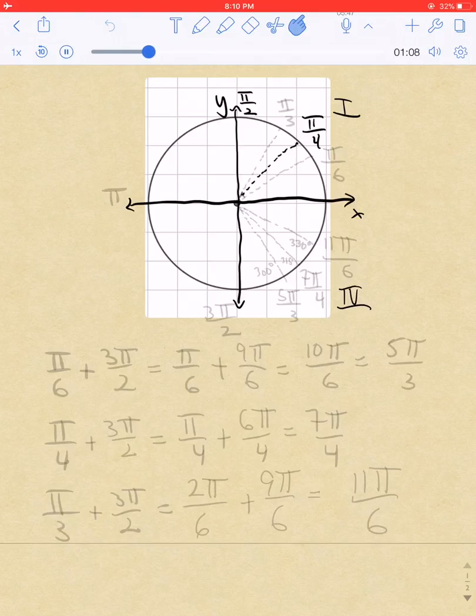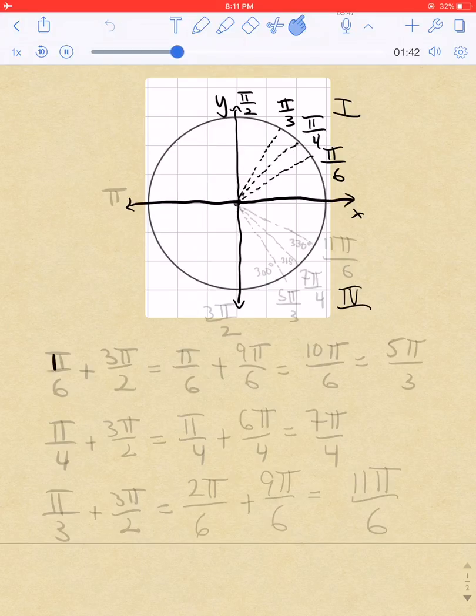But if instead you divided pi over 2, 90 degrees, into 3 equal parts, you would get the special angles pi over 6 and pi over 3. Now, that's all review, and we use that as our way of deriving the 3 special angles in quadrant 4.